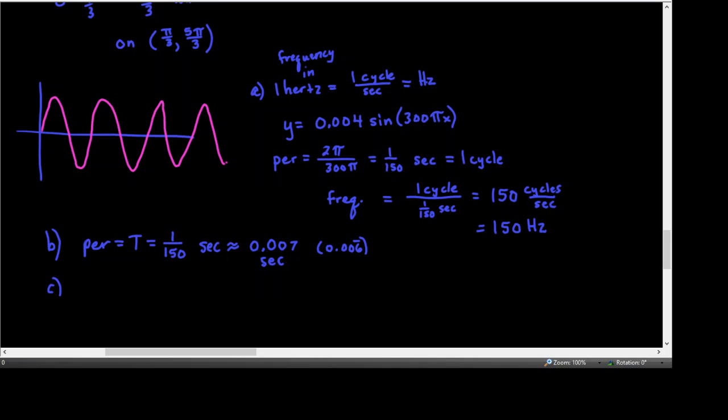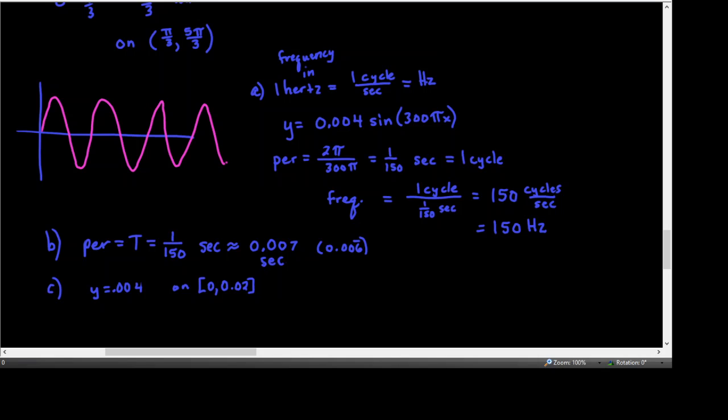Okay, so let's look at part C. An equation for the graph is what I gave you earlier. Estimate all solutions to the equation y equals 0.004 on the interval from 0 to 0.02.